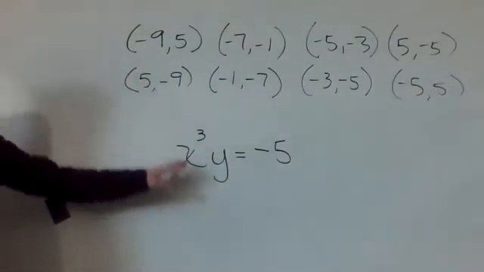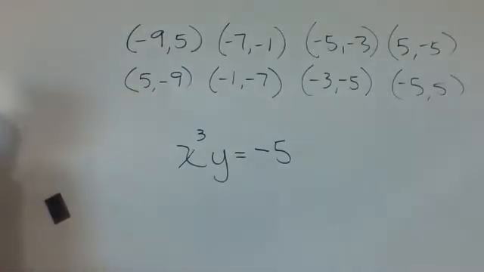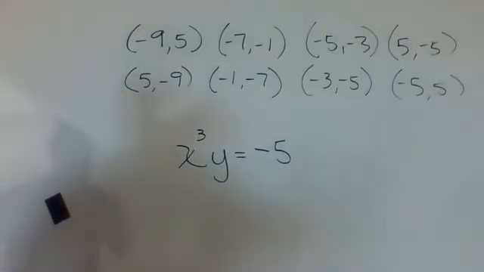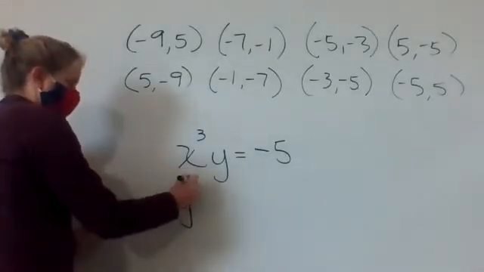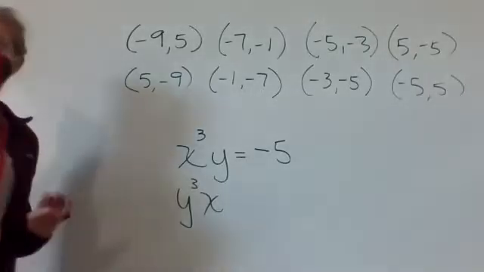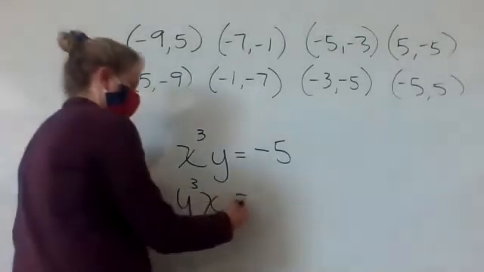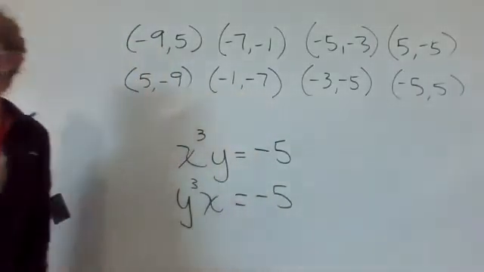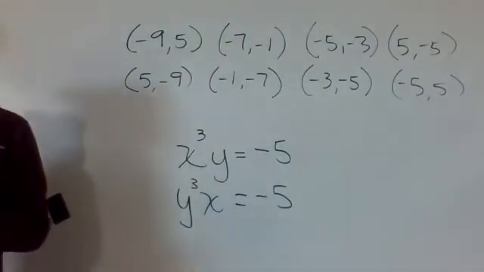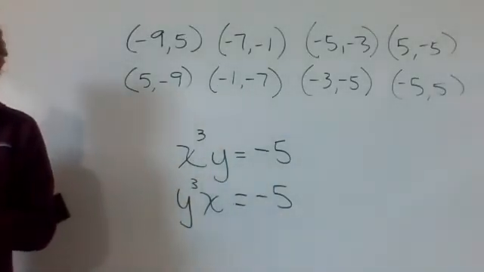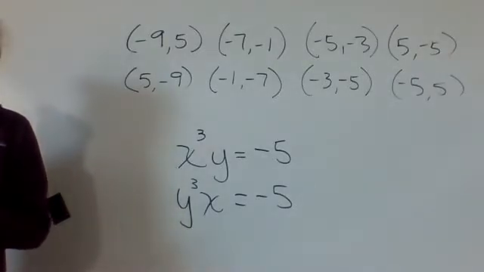Just like I did on these, all I'm going to do is switch the x and the y, which means I will have y to the 3rd x equals -5. So again, you're just inverting the x and the y. Okay?